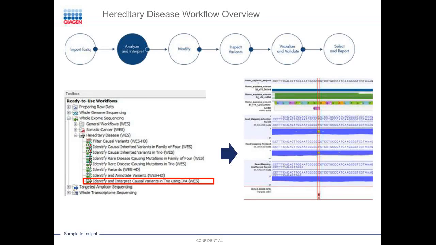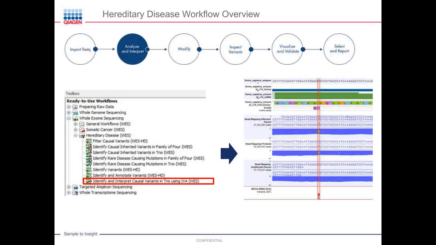The next thing you have to do is just to run one workflow. So that's a one-step workflow. You double-click, and then you can change some of the settings, not all of them, because that's not necessary, because the workflow is already optimized. And this workflow not just does the variant calling, but also the filtering, the interpretation, and even the visualization in one step.